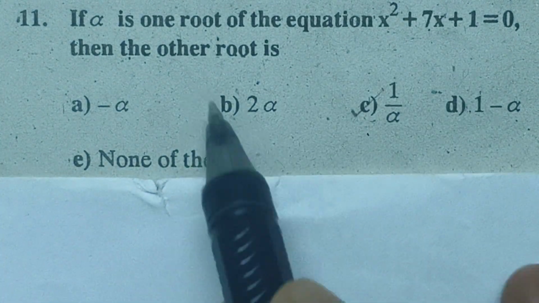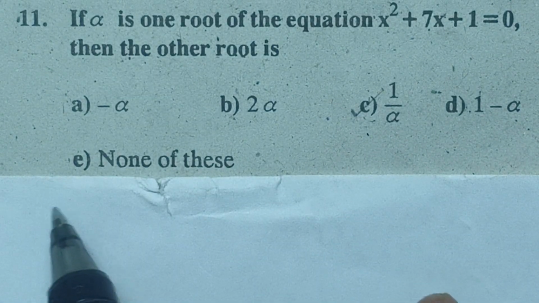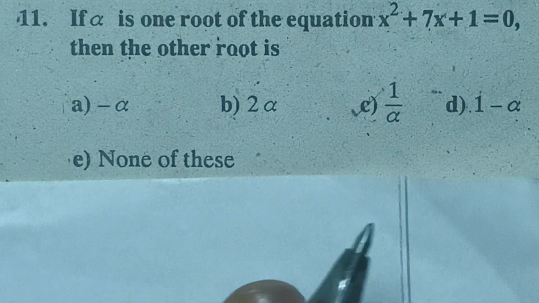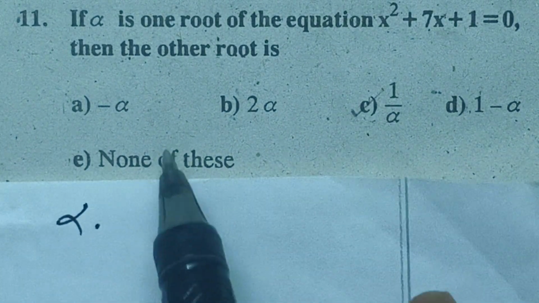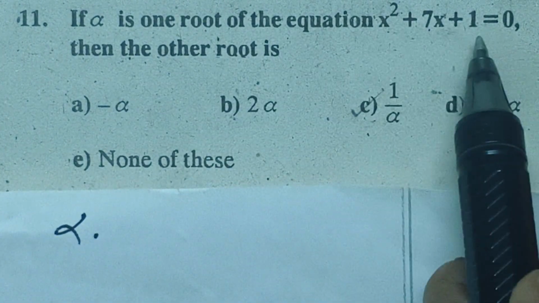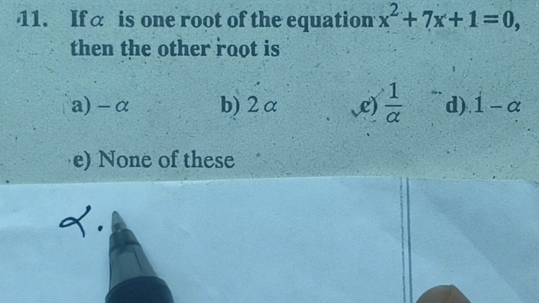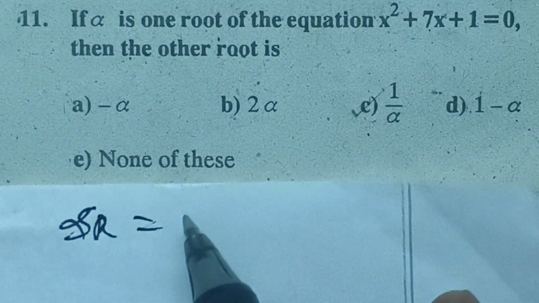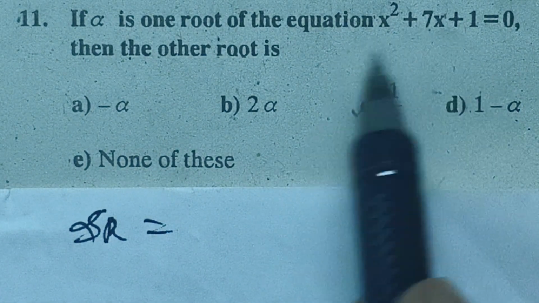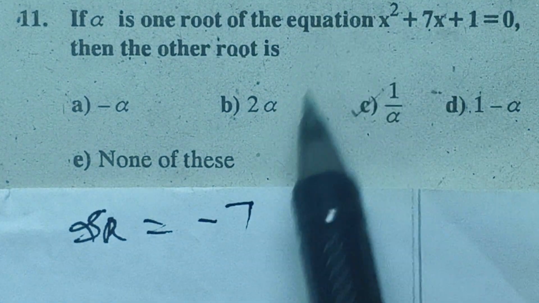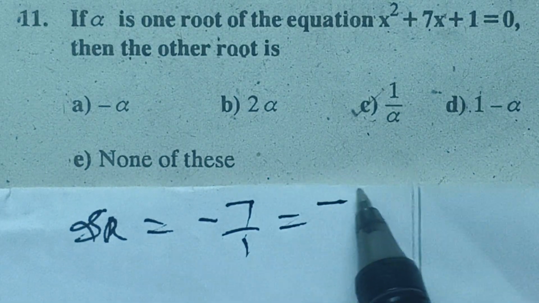Here, the sum of the roots, alpha is one root, then another root. From this equation, the sum of the roots is equal to minus b by a. Here, minus 7 by 1 is equal to minus 7 only.